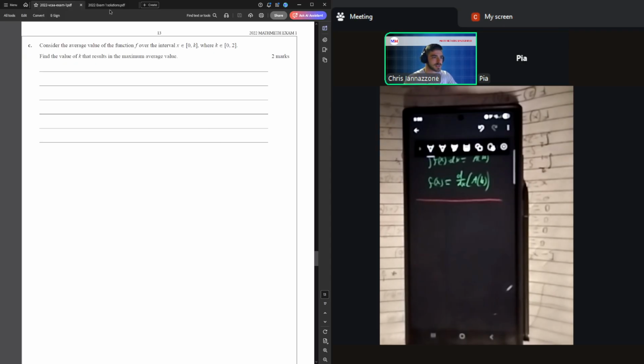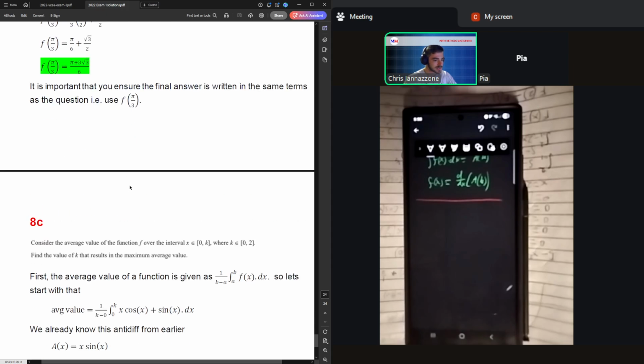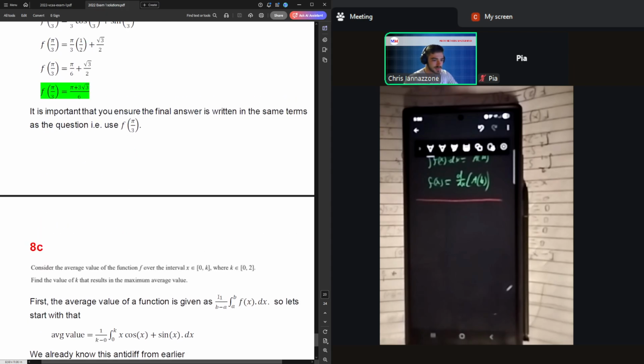You're right. Now the specific equation is this one here. It's 1 over b take a, and then you multiply that by the integral from a to b. So you basically integrate over whatever domain you're given and divide by the length of that domain. We're told to do it from 0 to k, so that's what we do.